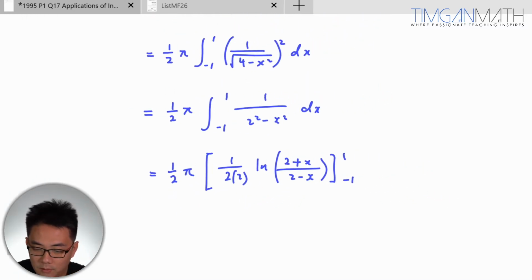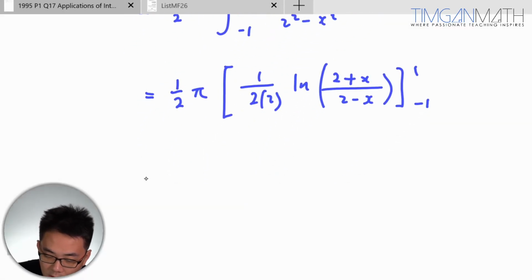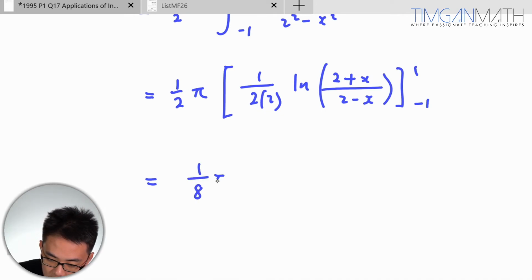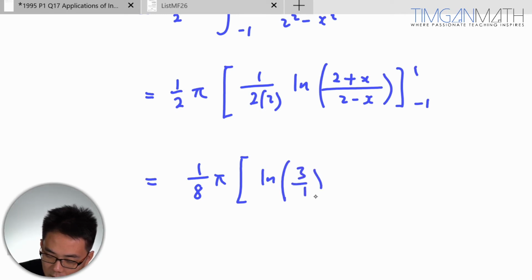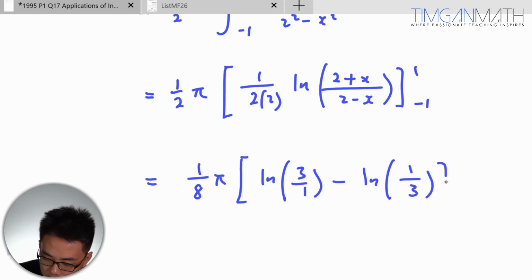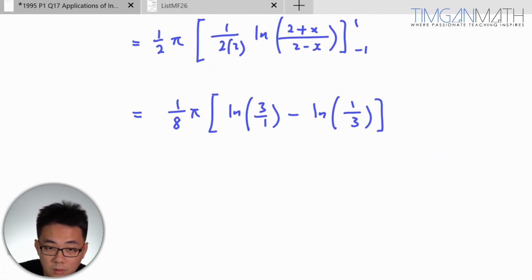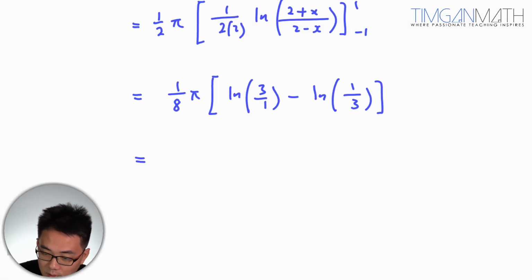Okay, so there you go. Once this is done, we're going to get, so this is 1 over 8 pi, times ln 3 minus ln of 1 over 3. So what I did was I just took the 1/4 out, right? That will be easier.